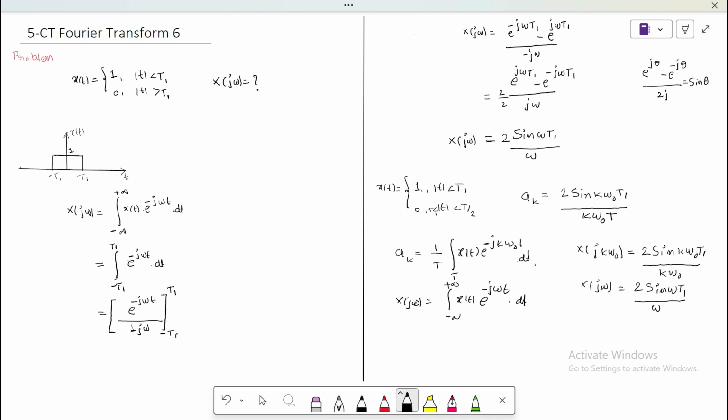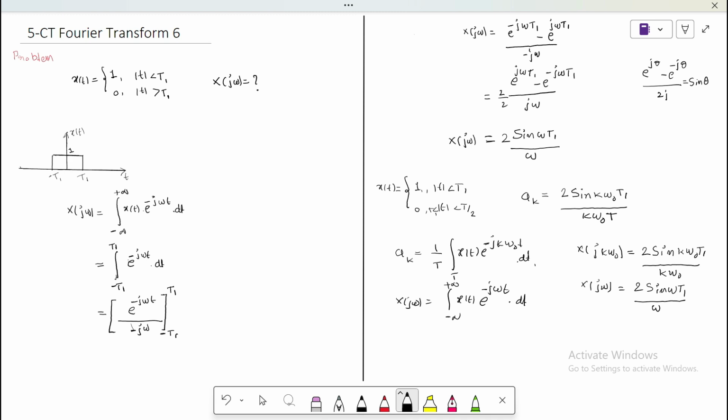So this is the relation between the Fourier series and the Fourier transform that you should remember. From the Fourier series to the Fourier transform, k omega naught is considered as omega, and ak into T is considered as x of j omega. That is the difference.